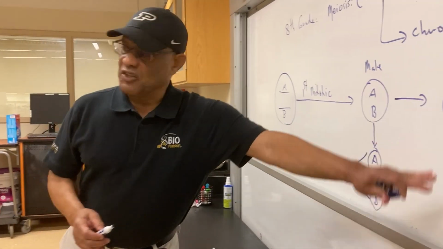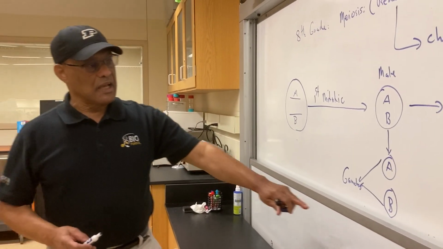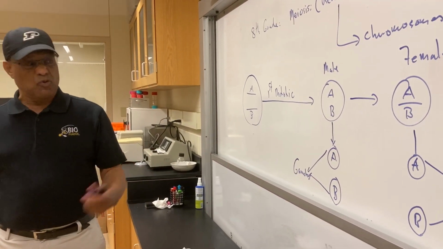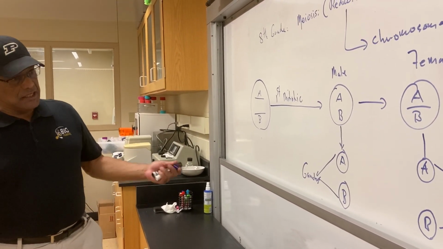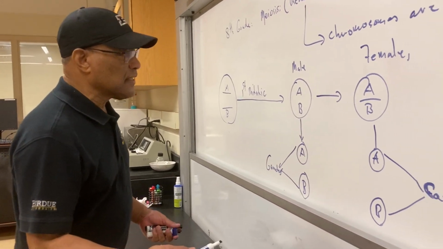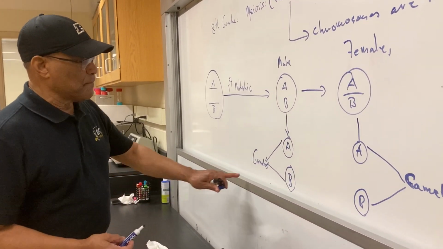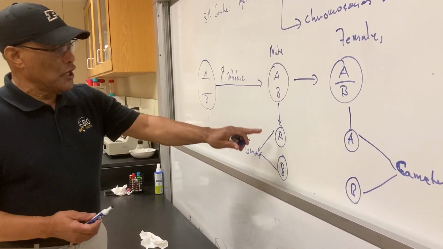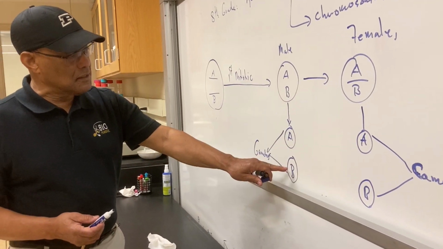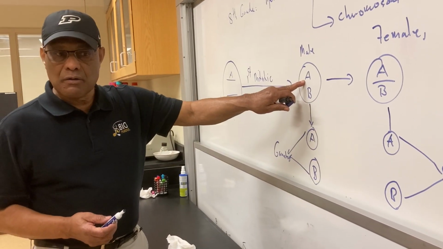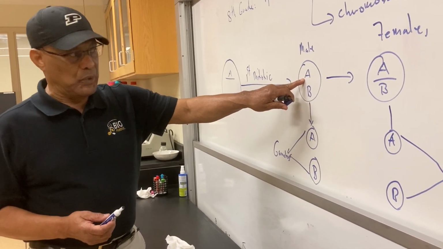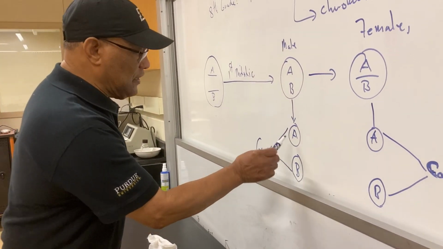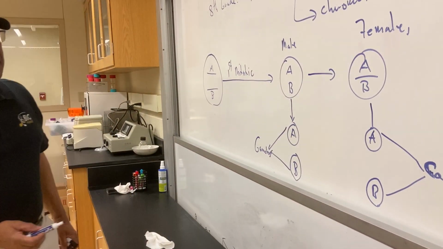Now, lots of interesting things could happen here, and we can talk about it, where you have crossing over and all that type of things, and I'll explain that in a little while and give you the reasons for meiosis. But anyway, notice now you have two cells, but half the number of chromosomes that you started with.